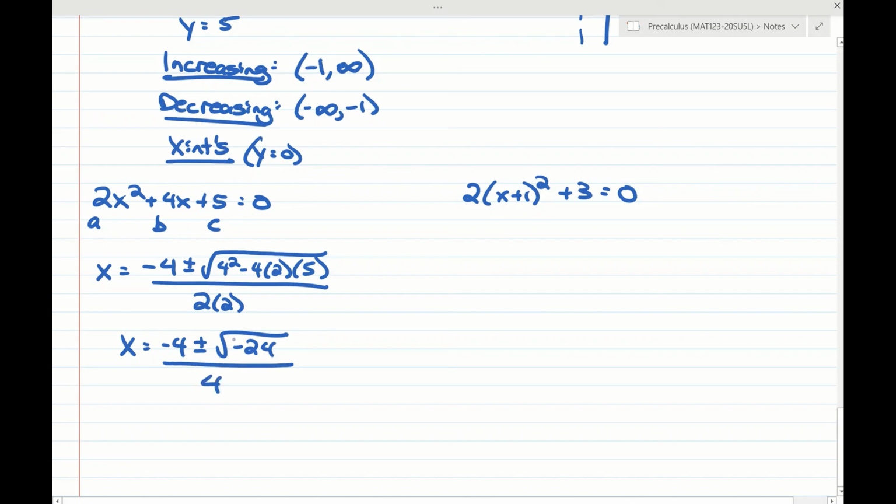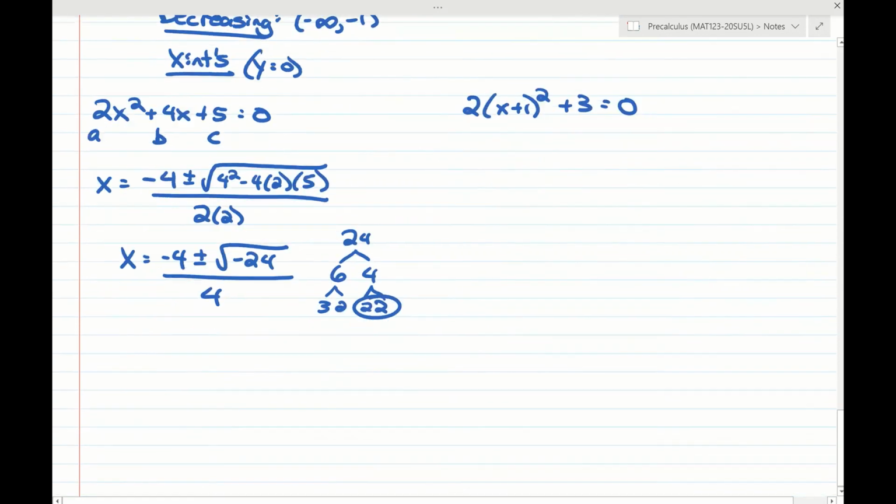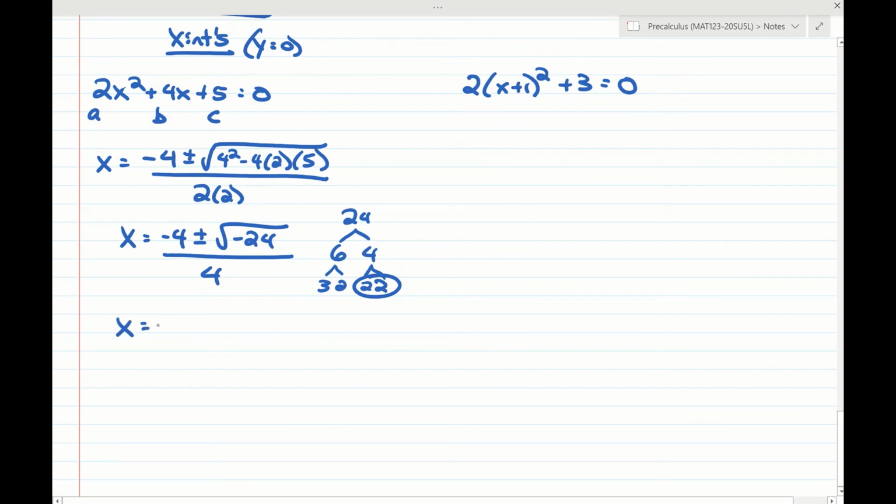We're going to take out an i from that radical, and then we have to break down 24, which is 6 and 4. 6 is 3 and 2, 4 is 2 and 2. So we have a group right here with a 3 and a 2 left over. So we'll write 2i root 6 over 4. Remember, our group goes outside, and what's left over goes in.